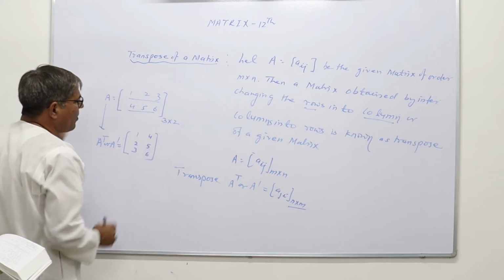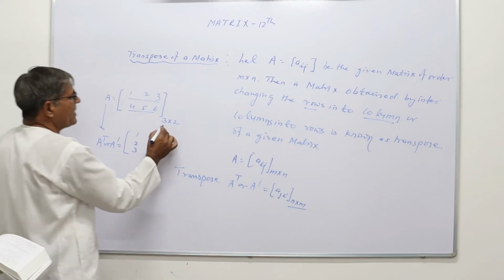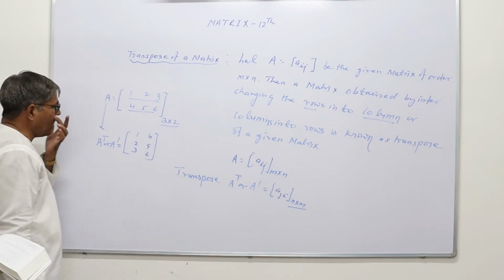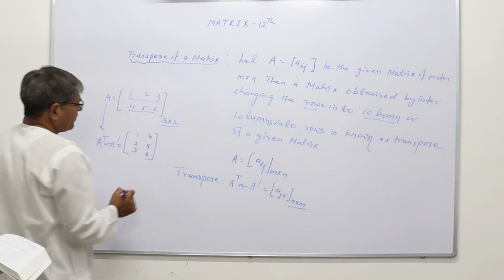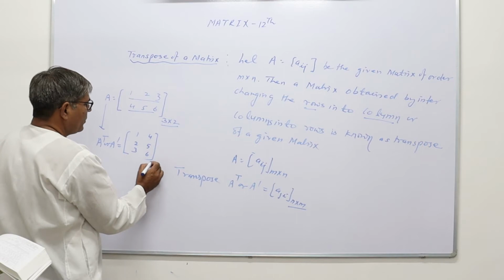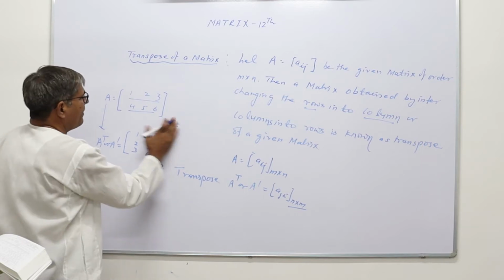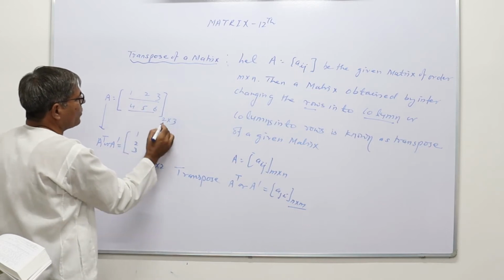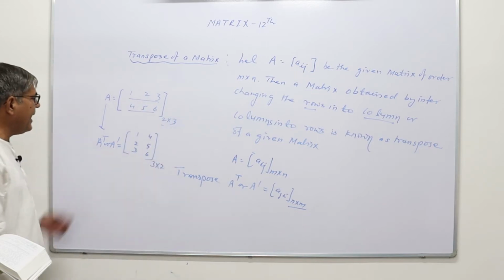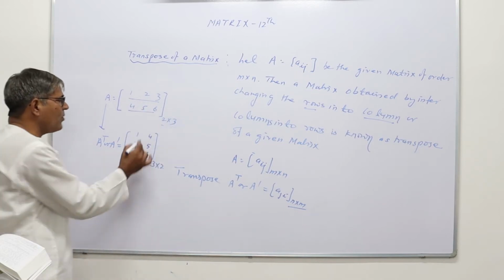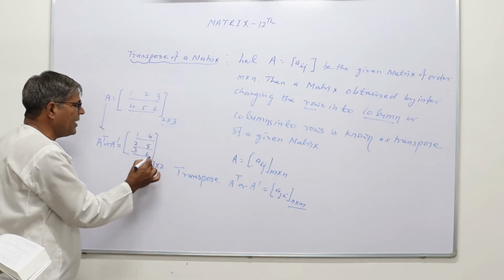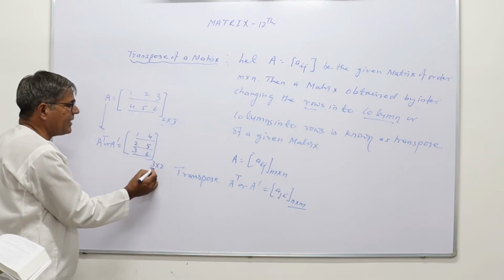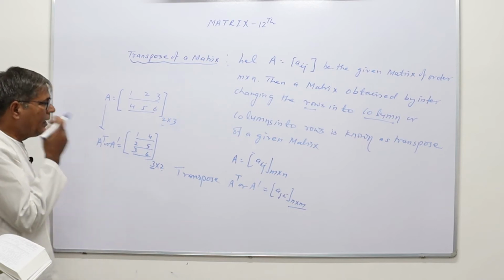Now see what the order is. In the given matrix the order was 2 cross 3, number of rows were 2 and columns were 3. Now in the transpose the number of rows are 3 and columns are 2, so the order is 3 cross 2.